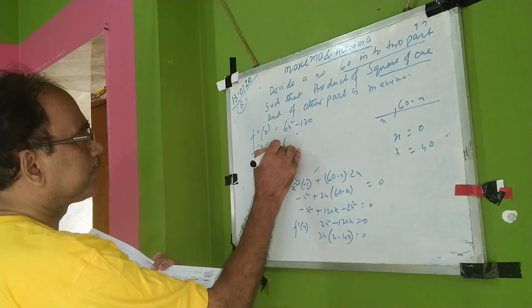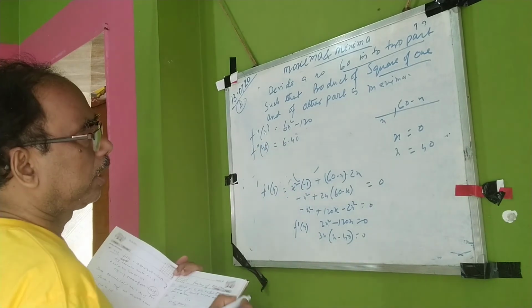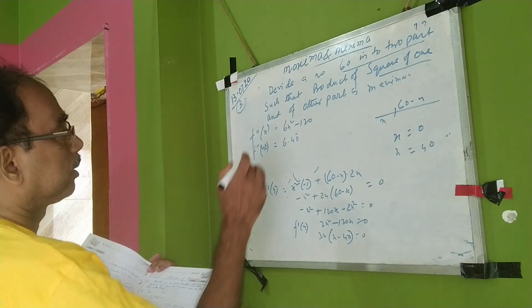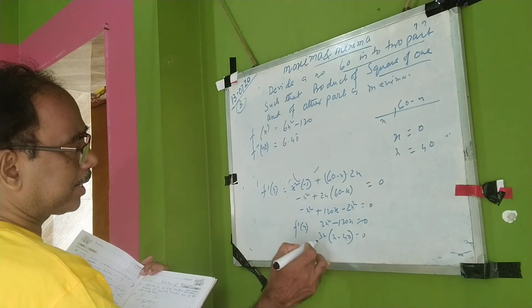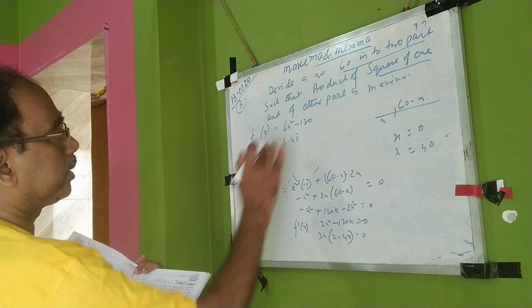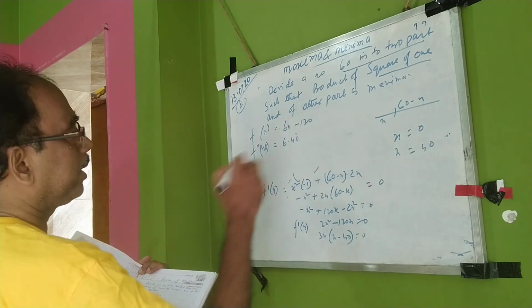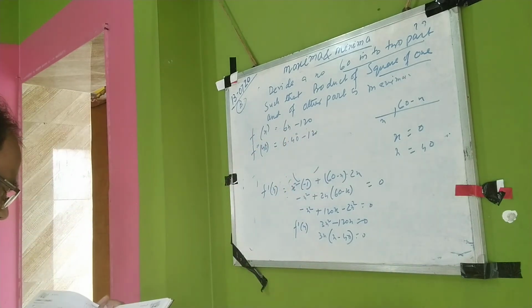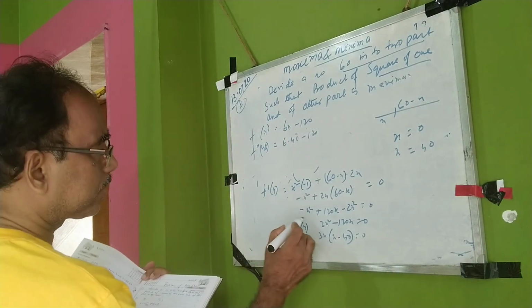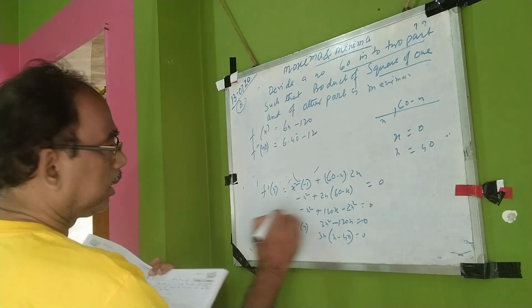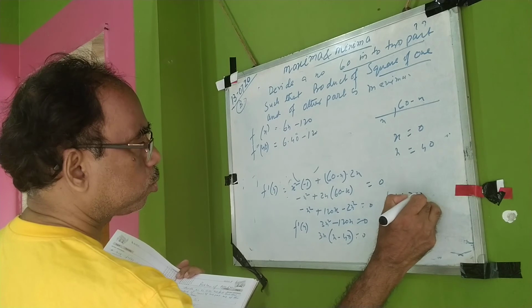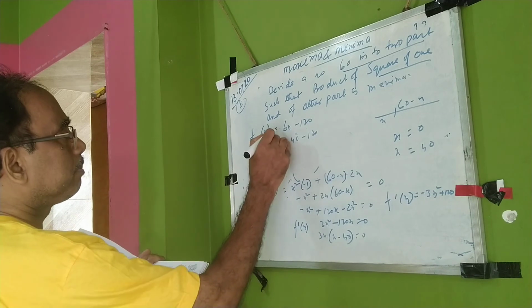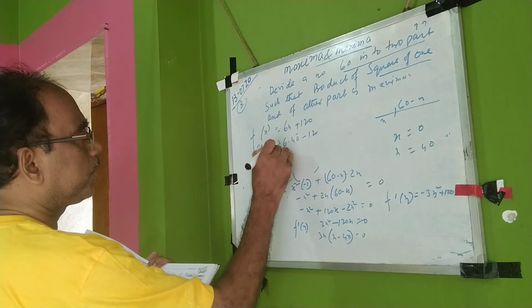F double dash 40: minus 6 into 40 plus 120.